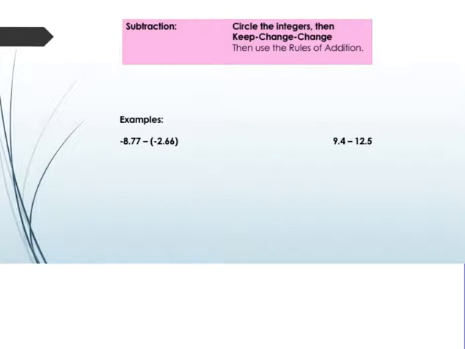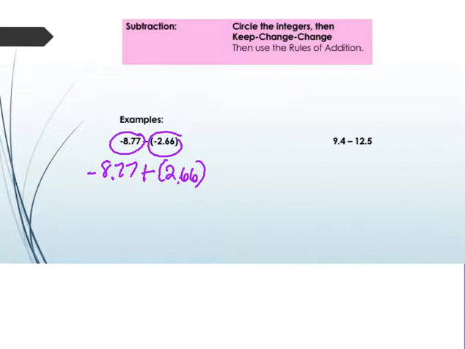Next set of rules is subtraction. And I encourage you to circle your integers and then use the process keep, change, change, and then use the rules of addition. So example 1, we have negative 8.77 minus negative 2.66. Keep the negative 8.77, change, and then change negative 2.66 to a positive 2.66.